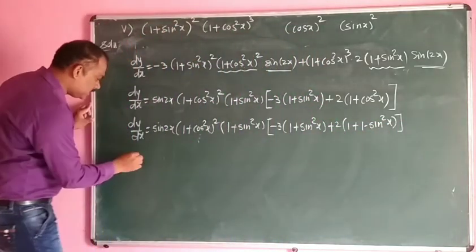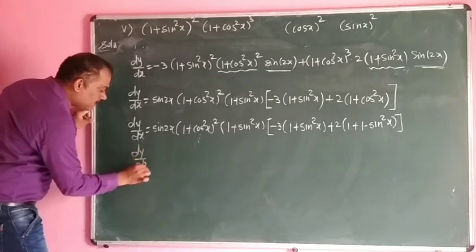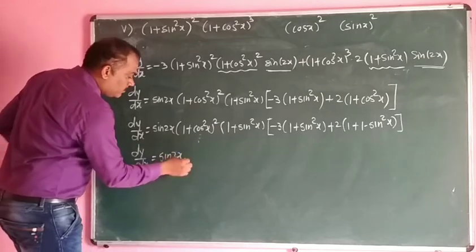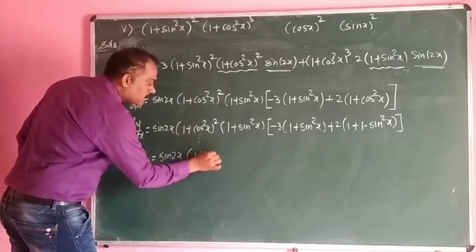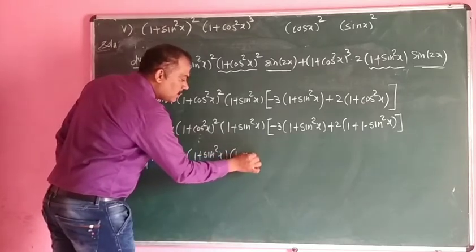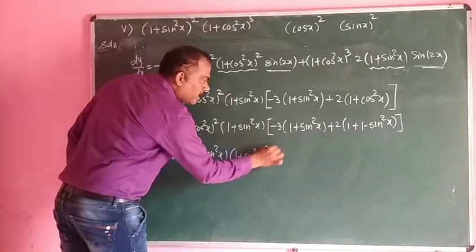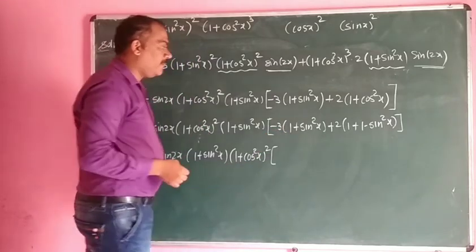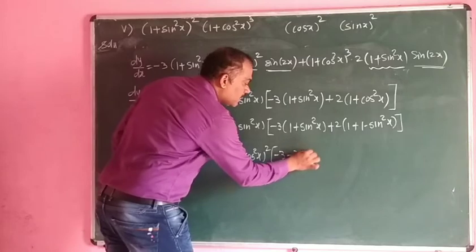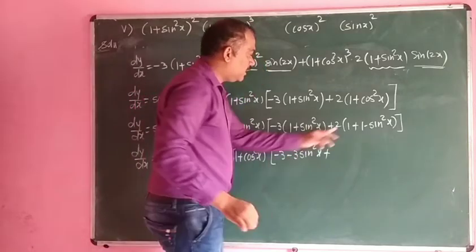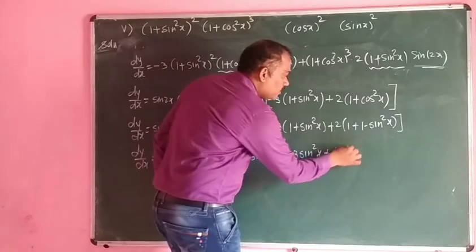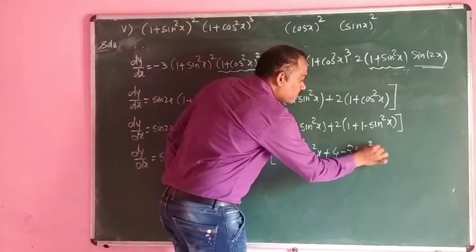Now we have to simplify this. dy by dx is equal to sin of 2x into (1 plus cos square x) bracket square into (1 plus sin square x) into, multiply inside by minus 3, that is minus 3 times sin square x plus, here 1 plus 1 is 2, 2 into 2 is 4, minus 2 times sin square x.